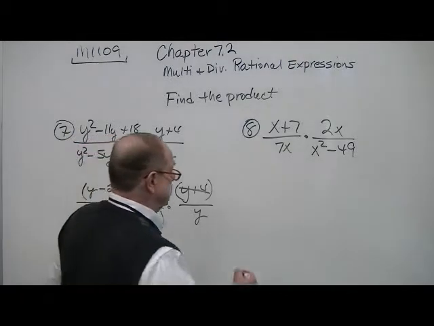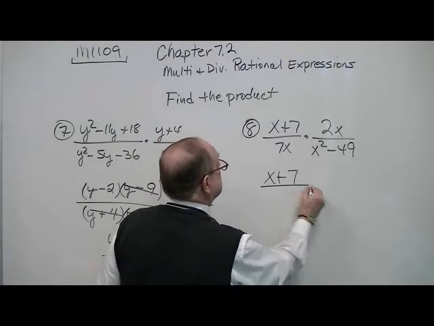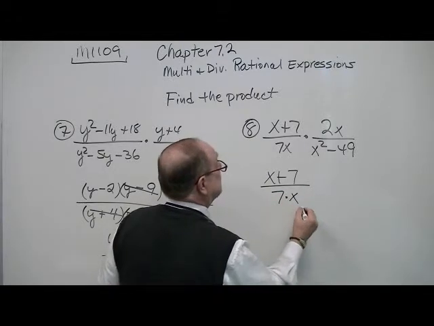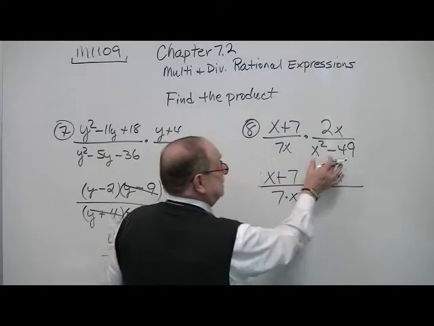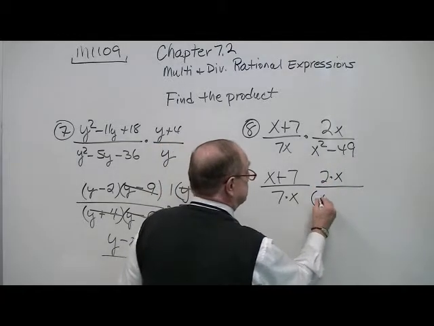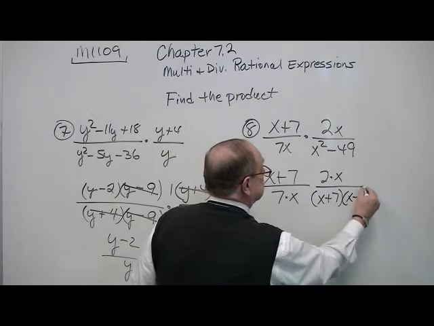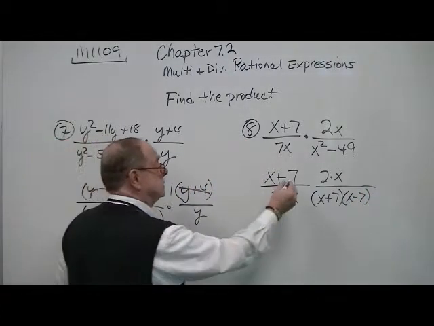Going over to 8. Here we see the difference of perfect squares that will factor into their conjugates. And again, you're looking for common factors.